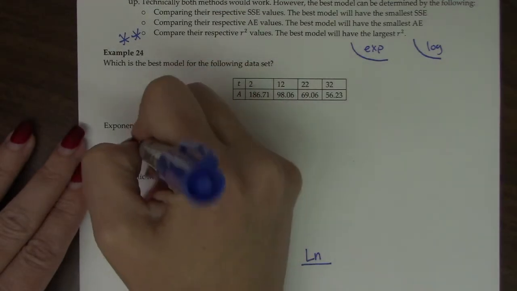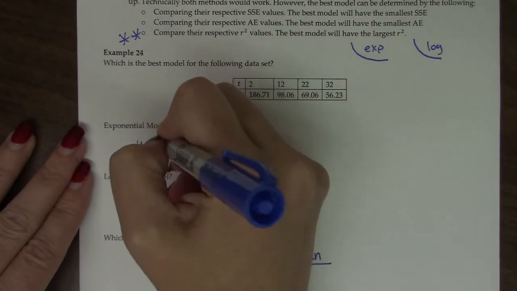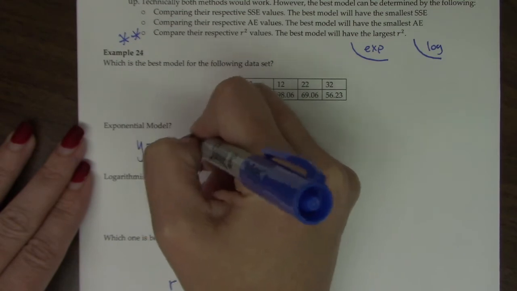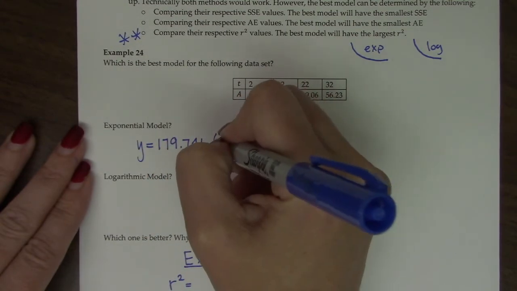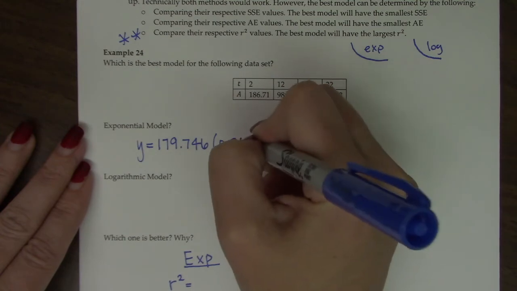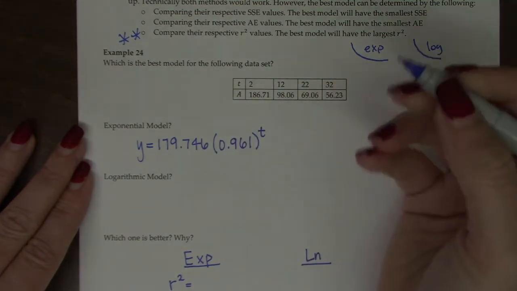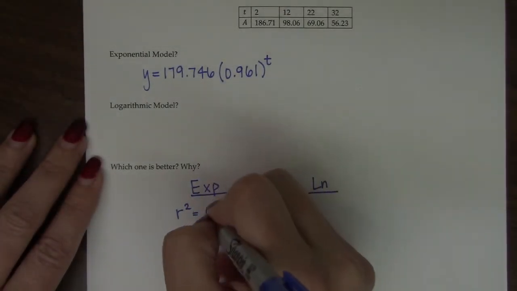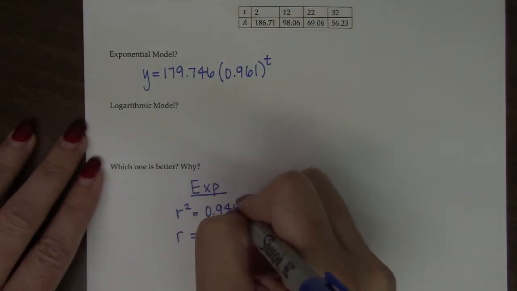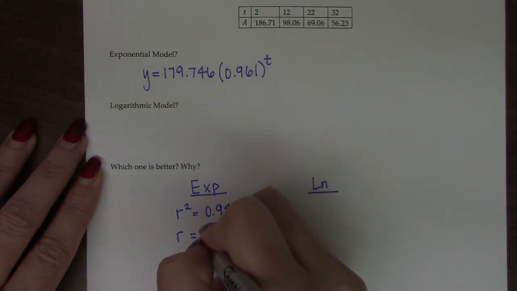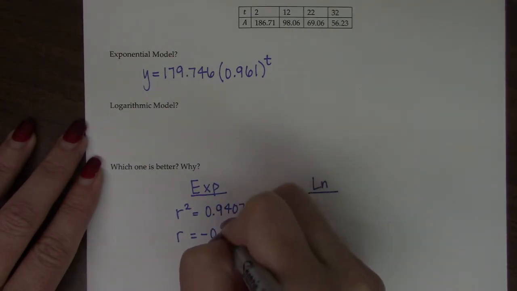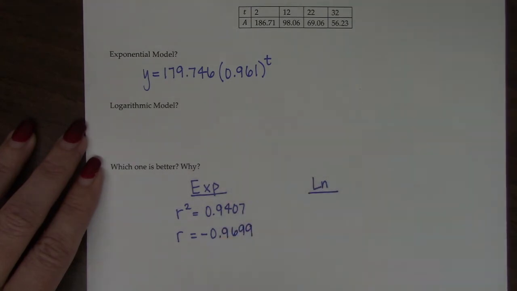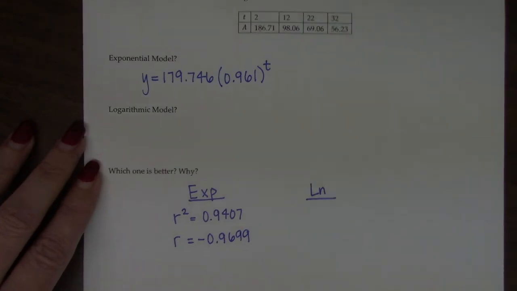The model I'm getting is Y equals 179.746 times 0.961 to the T. And down here on my table, I'm going to write down my R squared value was 0.9407, and my R value was negative 0.9699.